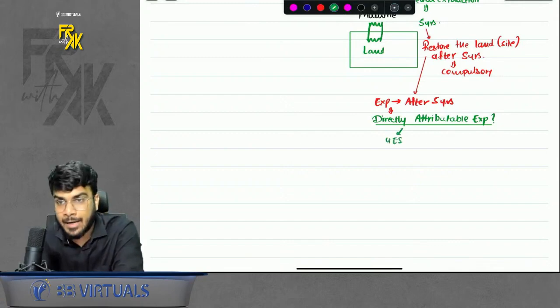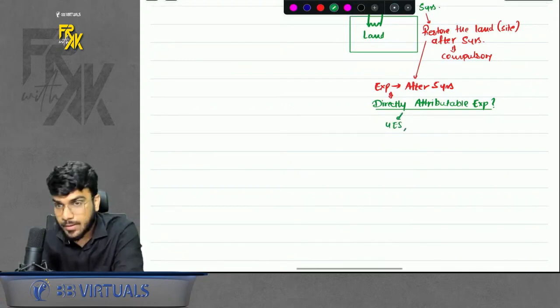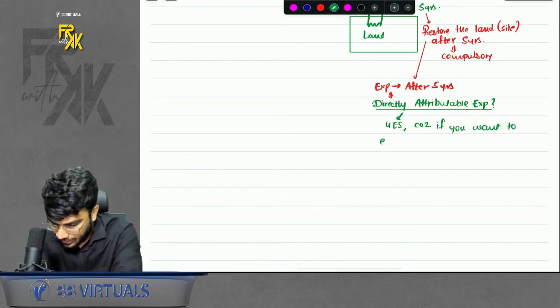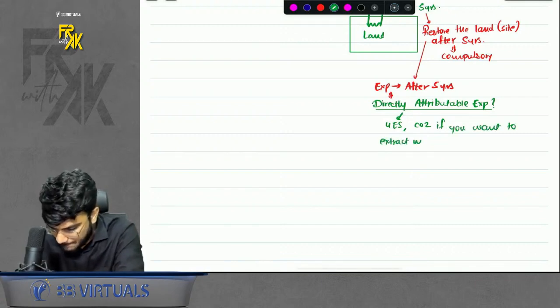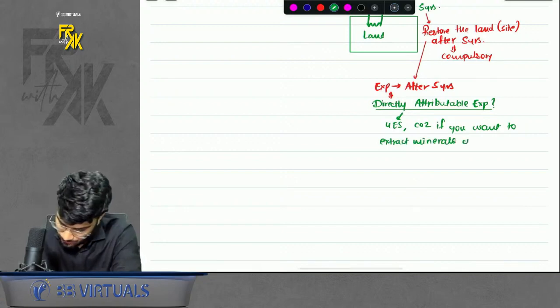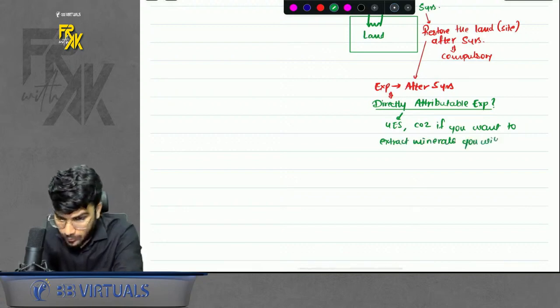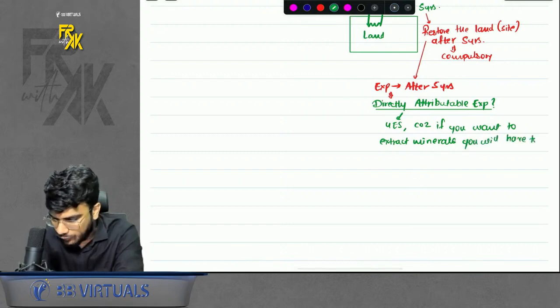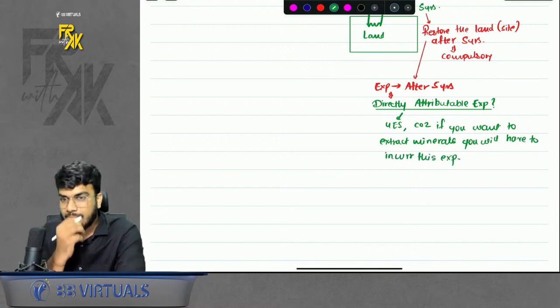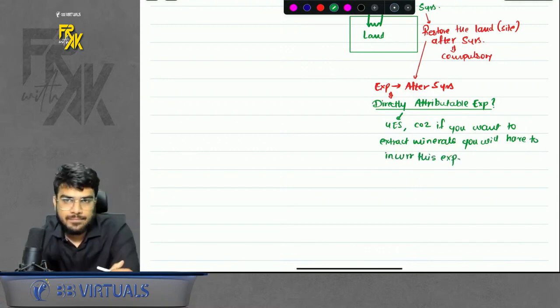Yes, it is a directly attributable expense. Why? Because if you want to extract the minerals, you will have to incur this expense.